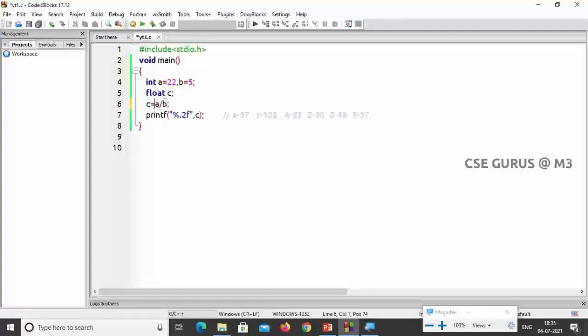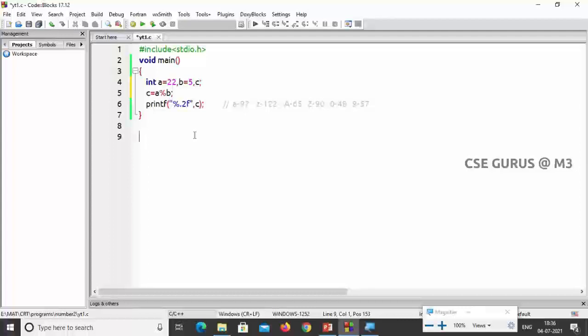Very important percent operator, you can see. I'll write here A percent B. Anyway, there is no float required here, right? So percent is used for getting the remainders, right? So 22 by 5, the quotient is 4 and the remainder is only 2, right?